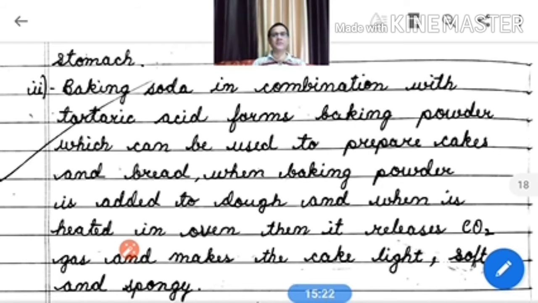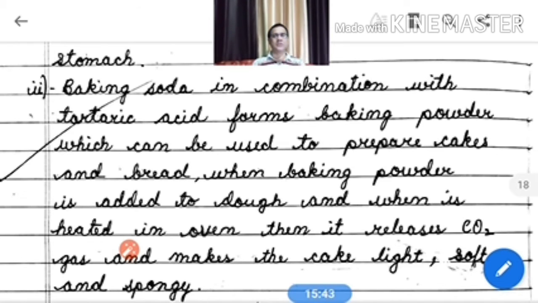Now here I discuss one more question: why is tartaric acid added into this? Listen carefully. Suppose I take only baking soda for the preparation of cake.